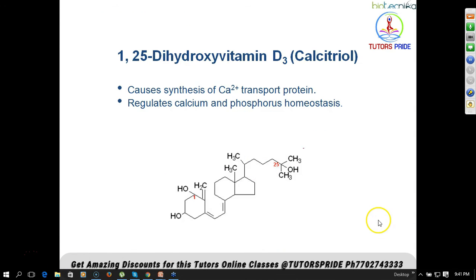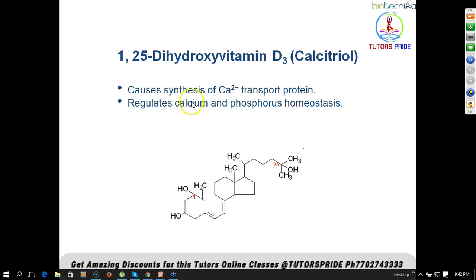And as you can see, another compound is calcitriol. As I told you, this is different from the others, having a different structure. It does not contain the phenanthrene nucleus. As you can see here, the breakage, this is not containing the phenanthrene nucleus. This is the compound calcitriol.